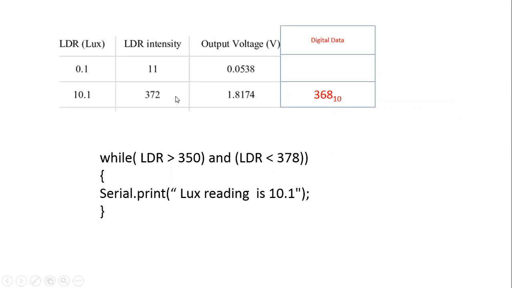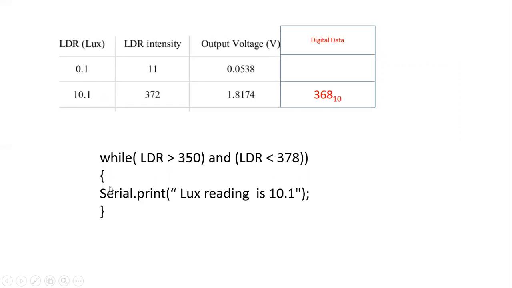Now, if we have this data, we just amend from the previous lesson using a while loop. Assume that this value is somewhere in between. I put it so that when the digital data is larger than 350 or less than 370, so it's in between these values, then I display the lux as somewhere around 10.1.